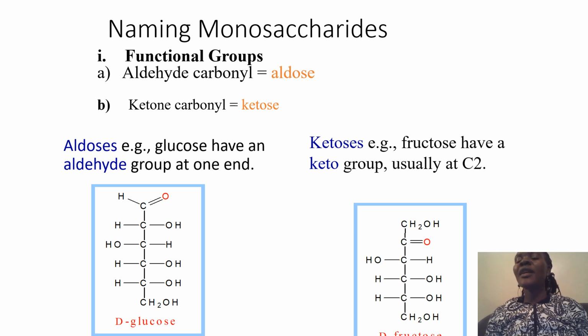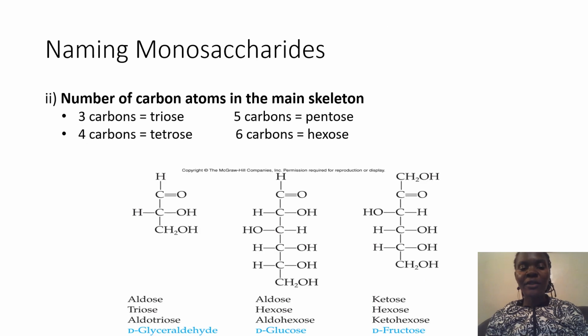Naming of monosaccharides, the first criterion, is based on the functional group. We have the aldehyde group at carbon atom number 1, the best example is glucose, and then we have ketose, with fructose being the best example. The second criterion for naming of monosaccharides is the number of carbon atoms in the main skeleton.